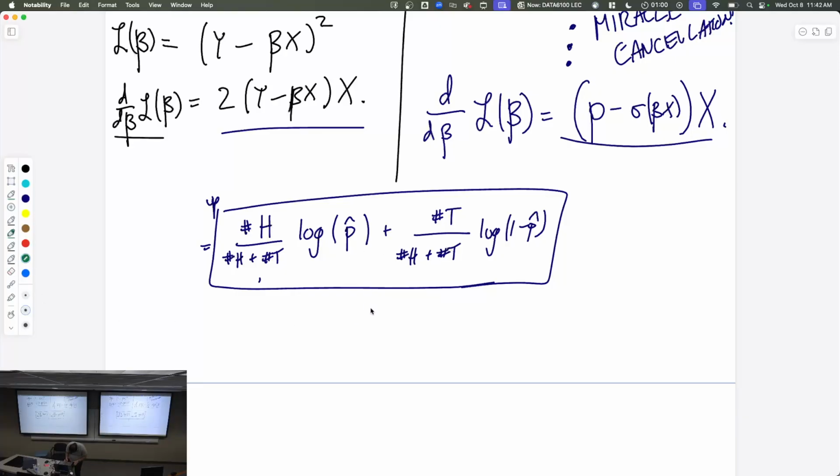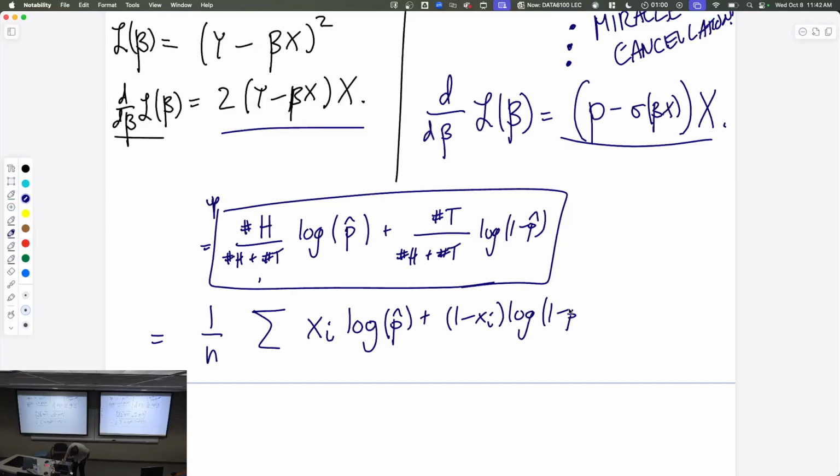Let me erase this little guy. I claim that you can get this by doing 1 over n, and then the sum of xi times the log of p hat plus 1 minus xi times the log of 1 minus p hat, where xi equals 1 if the ith flip is a heads.